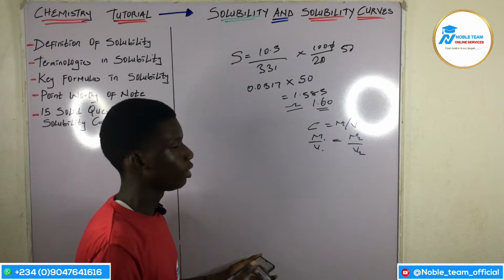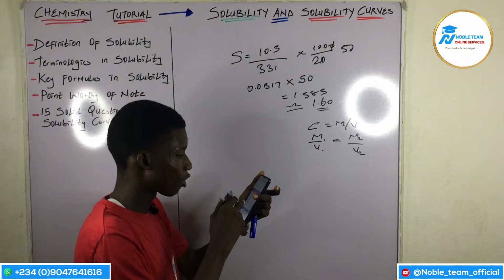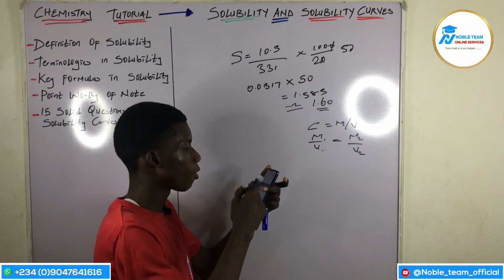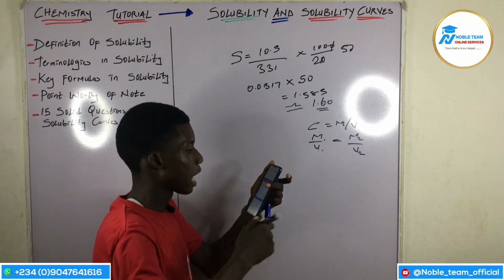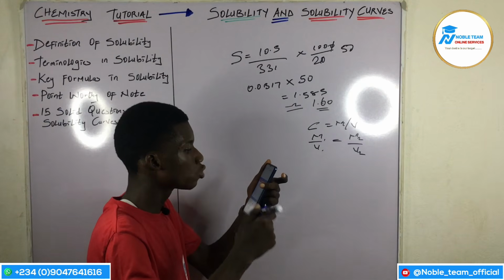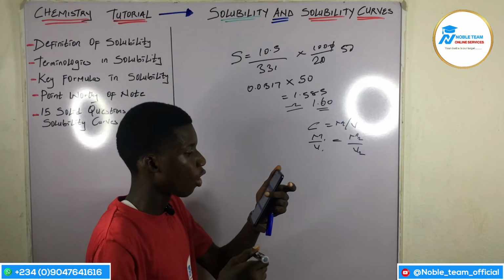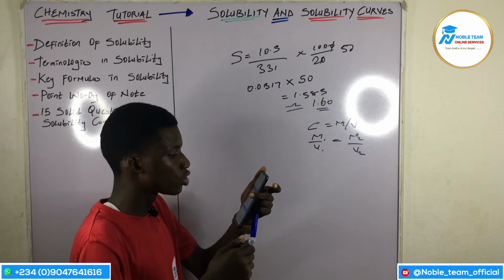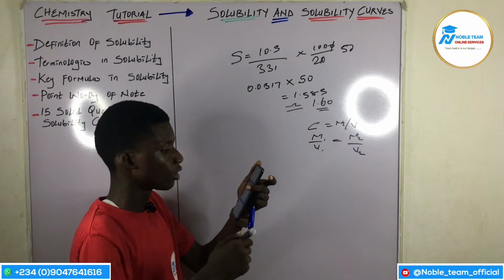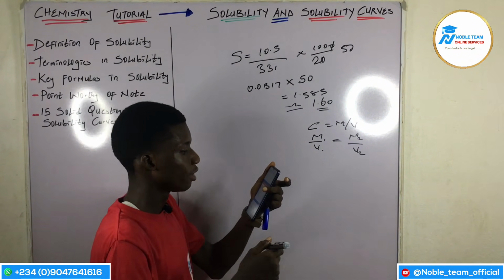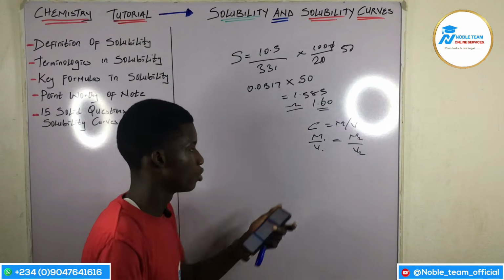Yes. Now, let's move. They say calculate the maximum mass of the crystals that will be obtained from a 20 centimeter cube of solution if its solubility is 45 grams in 1 dm cube of water.